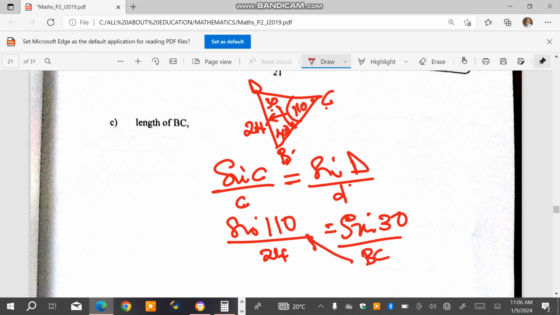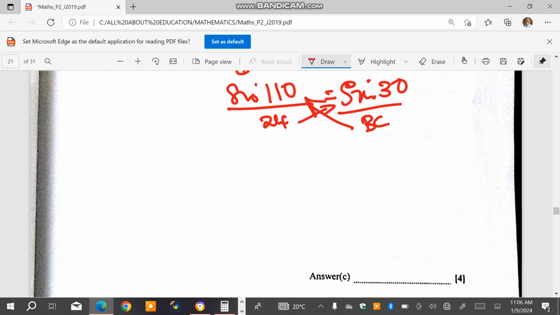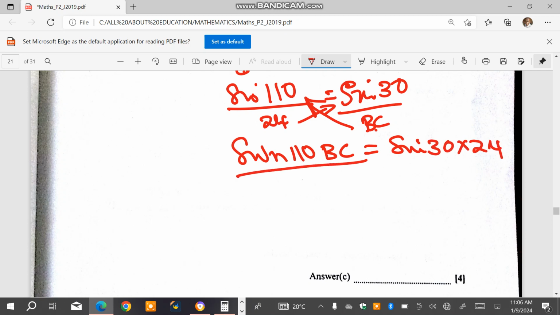Then you do cross multiplication from here. What are you going to obtain? You're going to obtain sine 110 times BC equals sine 30 times 24. Then you divide both sides by sine 110.